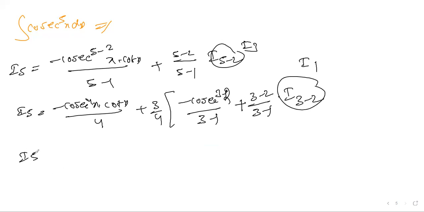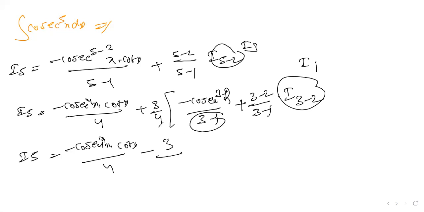So I5 is equal to minus cosecant power 3 x cot x by 4. This is minus into minus, so automatically plus 3 by 4 will come: plus 3 by 4 into 1 by 2 cosecant x cot x, which is 3 by 8 cosecant x cot x.